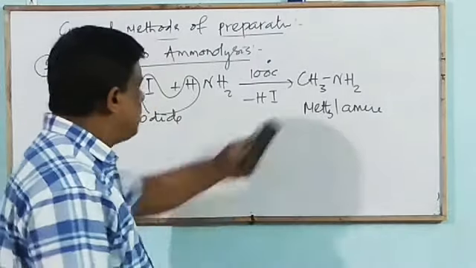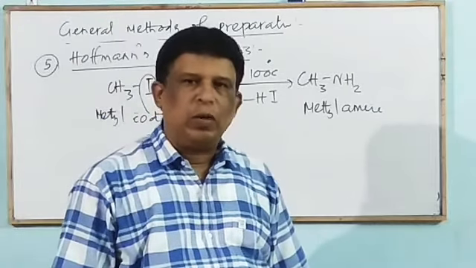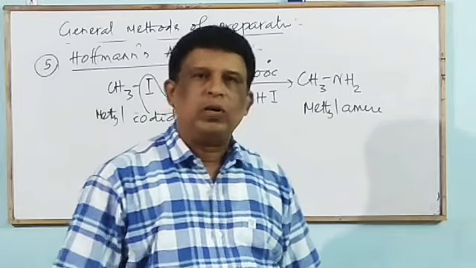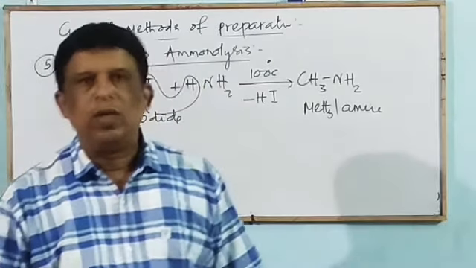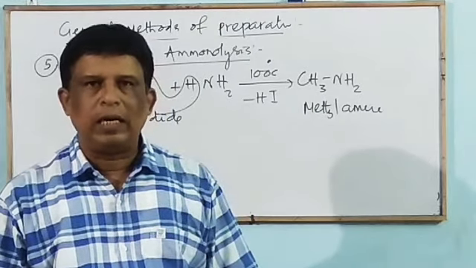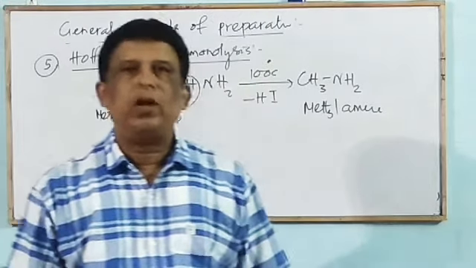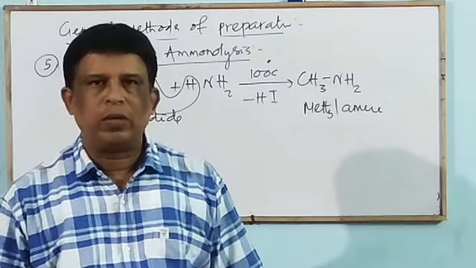Mark that. This methylamine formed again combines with another molecule of alkyl halide to form 2 degree amine. 2 degree amine again combines with another molecule of alkyl halide to form 3 degree amine, and finally to form quaternary ammonium salt.